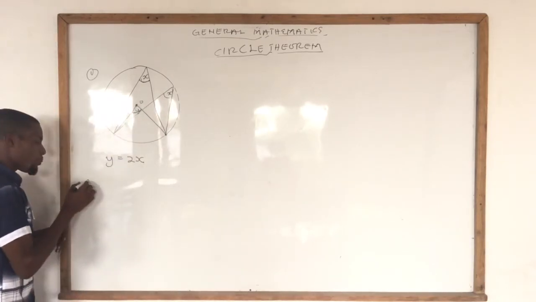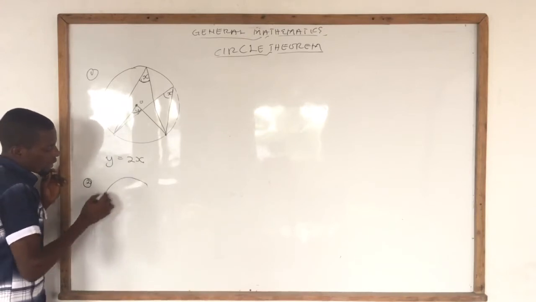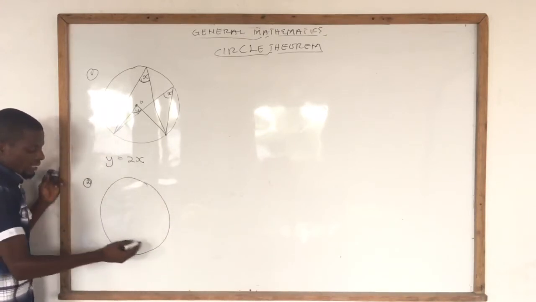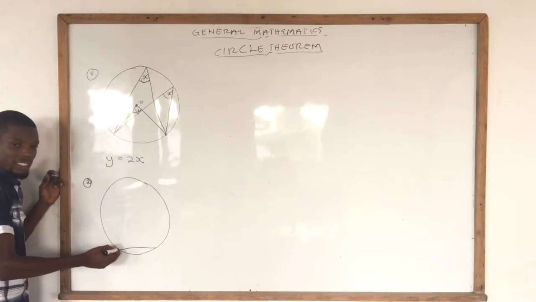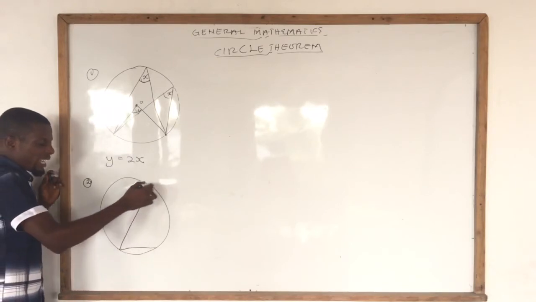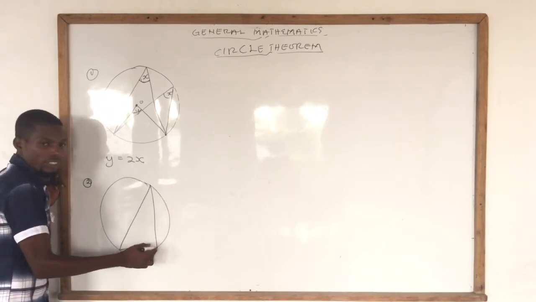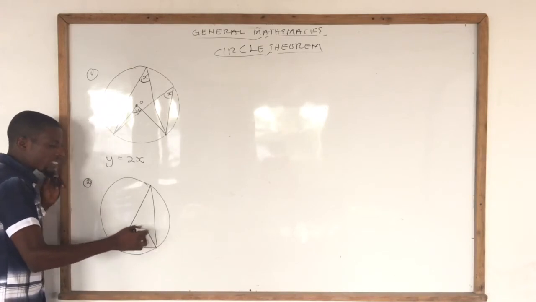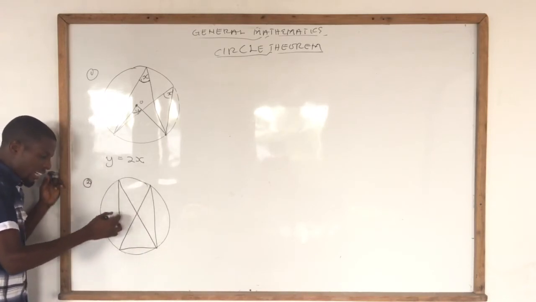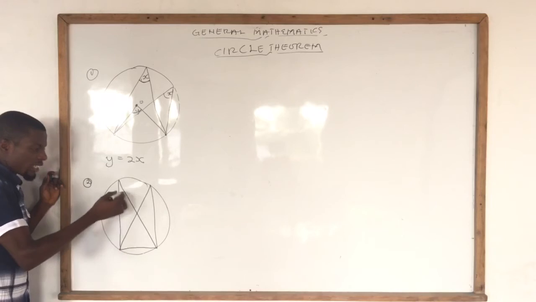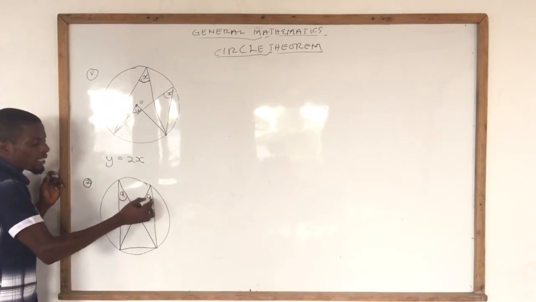Then the second property. The second property says that if you have a chord, and the chord subtends an angle at one part of the circumference, and the same chord subtends another angle at the other part of the circumference, then the angles they subtend are all the same.